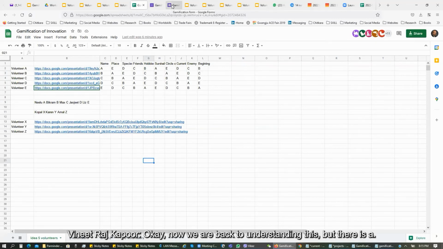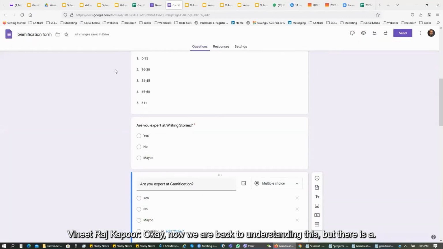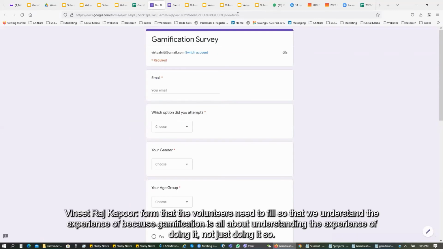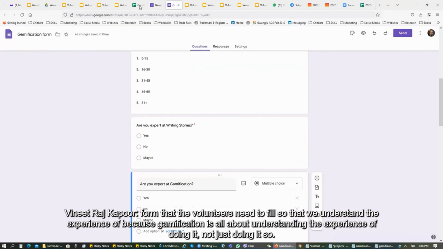Okay, now we are back to understanding this, but there is a form that the volunteers need to fill so that we understand their experience, because gamification is all about understanding the experience of doing it, not just doing it.